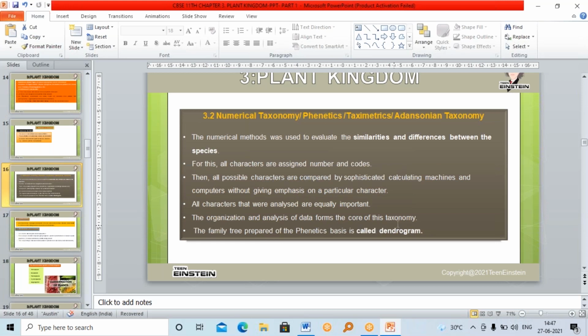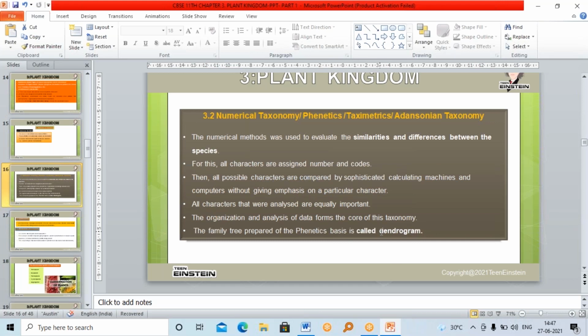We can't give particular focus on a character. There is no special character. The organization and analysis of data forms the core of this taxonomy. The analysis of data is the main thing in this taxonomy.